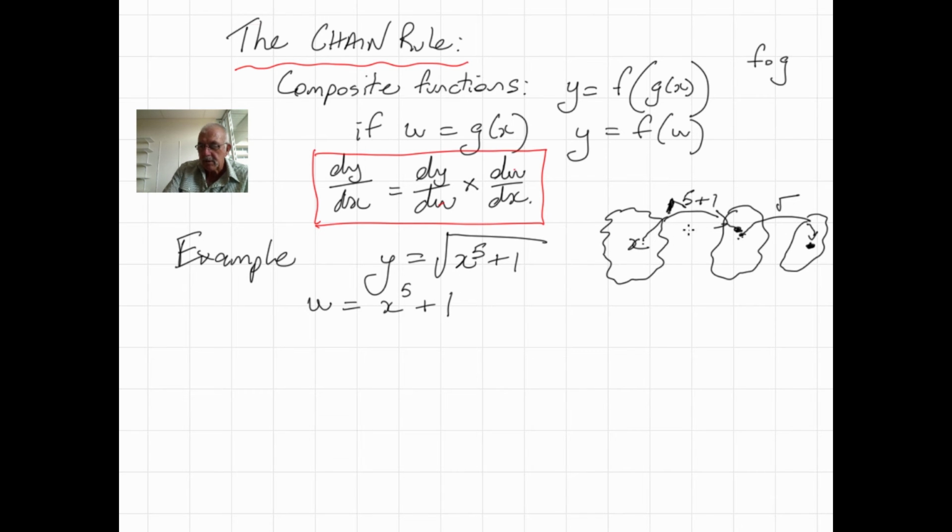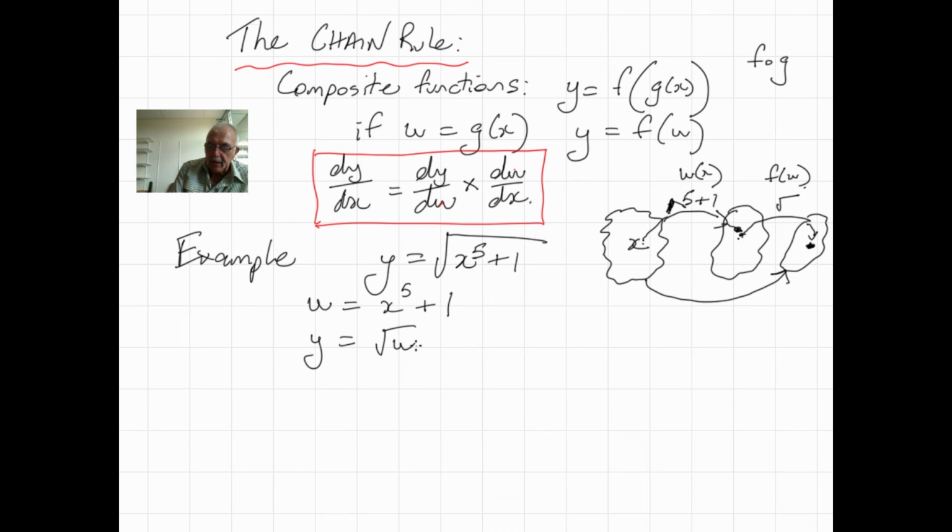So this is u of x, and then this is f of u, and this is the whole function going from one to the other. So y is equal to f of u, and f of u is the square root of u. That's my second function.